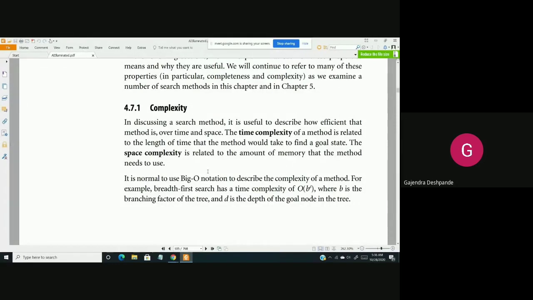Time complexity of a method is related to the length of time that the method would take to find a goal state. In simple terms, it is the amount of time the algorithm takes to give you the result. It may be in terms of milliseconds, seconds, or whatever.